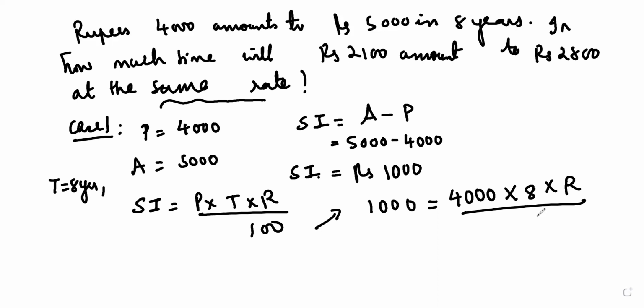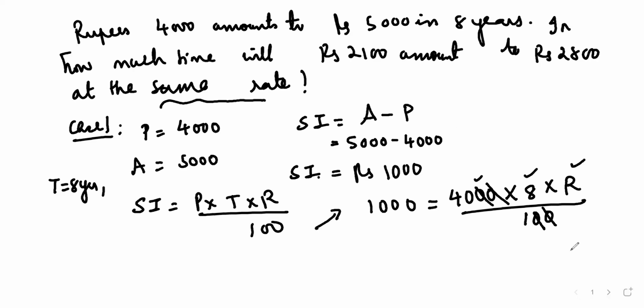Let me compute that R, and for case 2 it will be the same R. So P into T into R upon 100. Two zeros cancel, and I have 1,000 is equal to 40 into 8 into R.